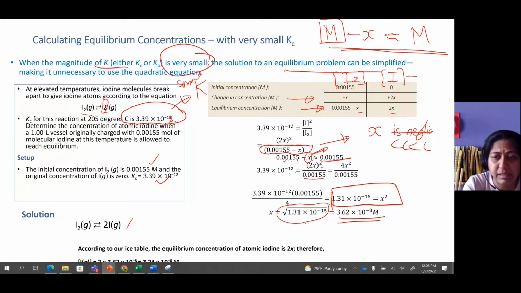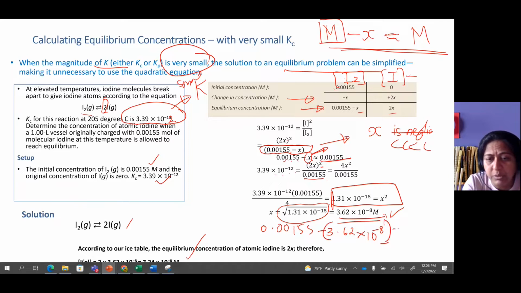So if x was found, then we can find the equilibrium concentration of I2 as 0.00155 minus 3.62 times 10 to the negative 8.